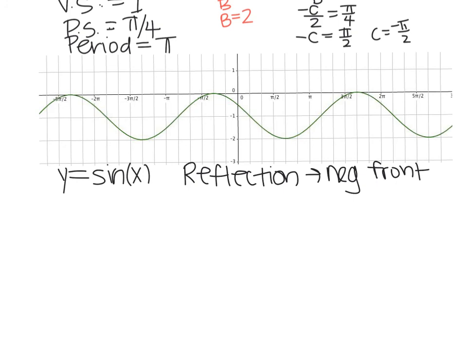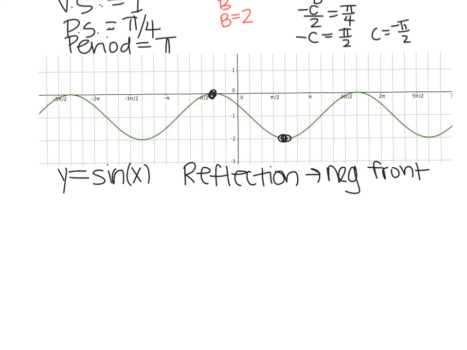So now we just have to figure out amplitude, vertical shift, period, and phase shift. If I pick my maximum and my minimum to figure out my amplitude, my minimum is at -2 and my maximum is at 0.